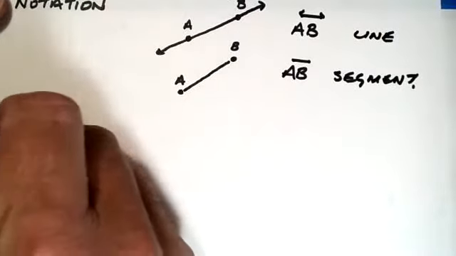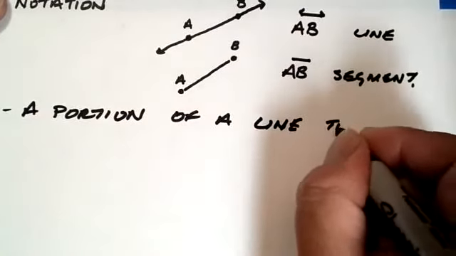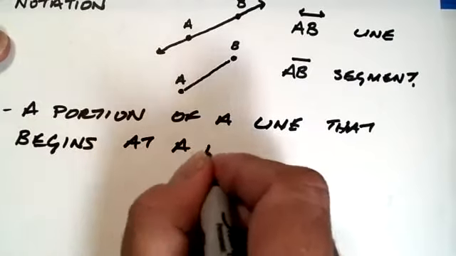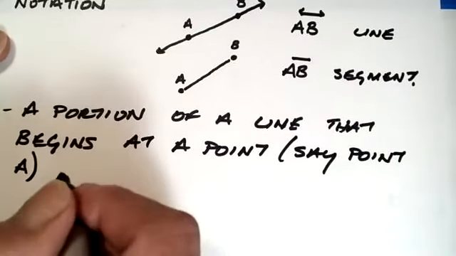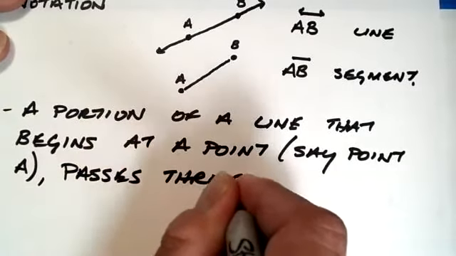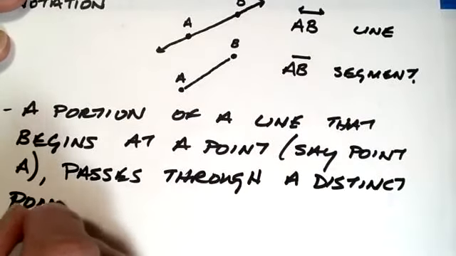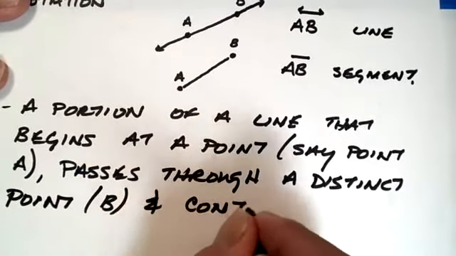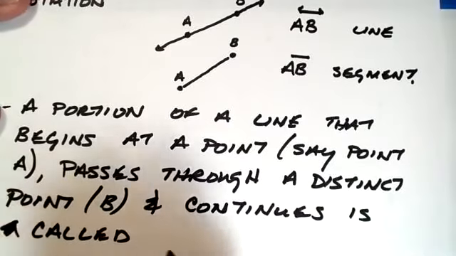So a portion, and that's the next thing we'll define, a portion of a line that begins at a point, and we'll just use the same letters, say point A, passes through a distinct point B, and continues is called a ray.